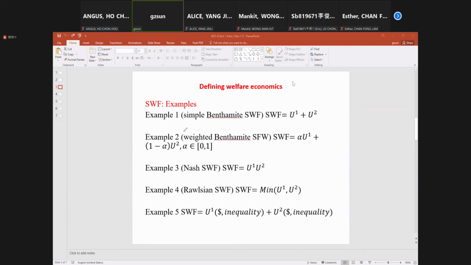The first one, again, is given by Jeremy Bentham himself. To simplify our discussion, we consider a very simple society. This society has only two persons, two members: individual one, this guy's utility, and person two.